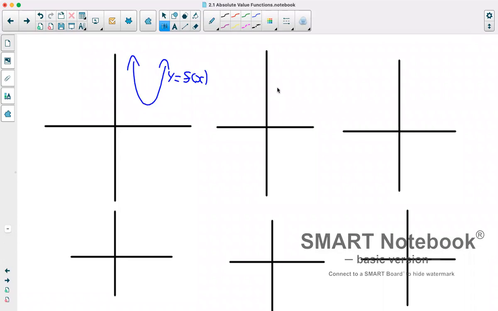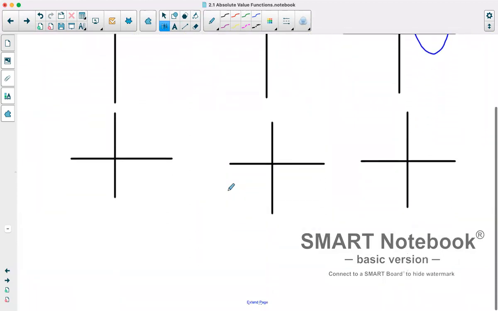We also have a situation where it opens up and our vertex is on the x-axis. We have a situation where it opens up and the vertex is below the x-axis. And then the other three are similar, but opening downwards.